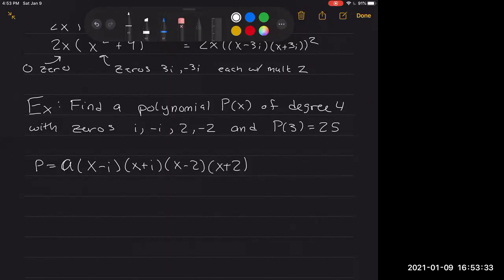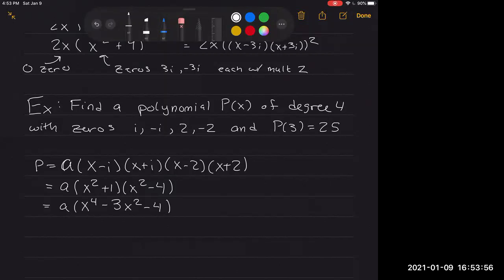If we multiply these out, we get A times (x squared plus 1)(x squared minus 4). And then if we multiply out again, we get A times (x to the 4th minus 3x squared minus 4).